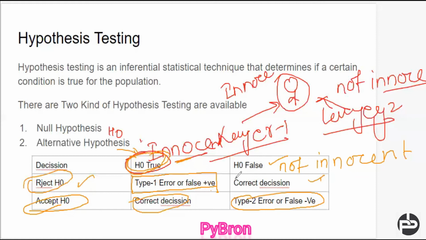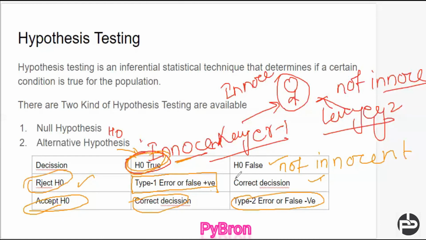Again, see, in the Indian Penal Code, or our constitution, it is said that let's suppose there are 1,000 innocent people and 1,000 criminals, and in order to find those 1,000 criminals, if we hanged a single innocent person, that is more dangerous, right?